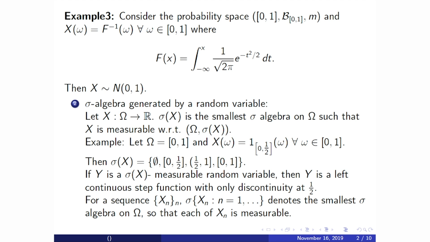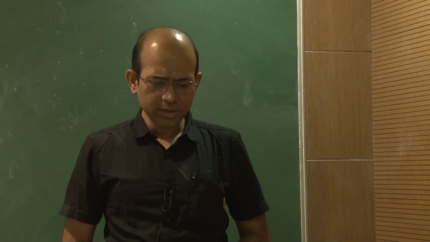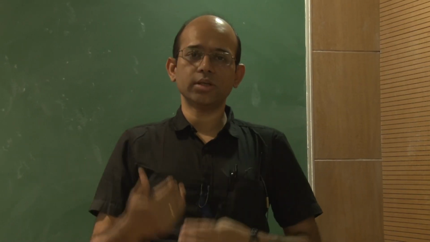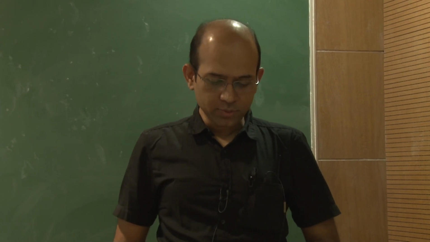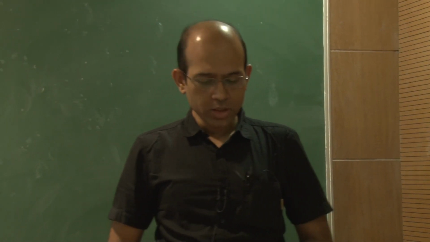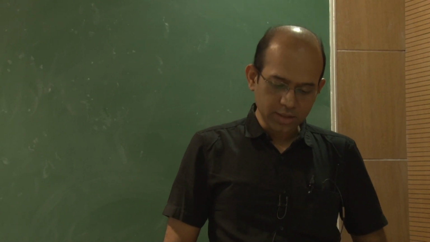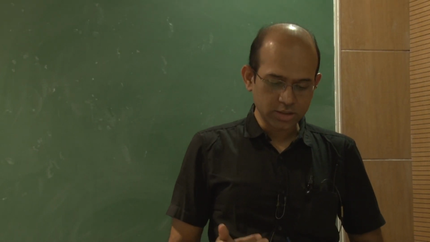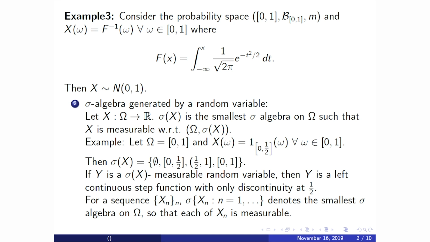In other words, Y is a left-continuous step function with its only discontinuity at 1/2. Here we cannot derive any particular value of Y. However, we can derive this much, that Y should be constant on these sub-intervals. Any such function Y would be measurable with respect to sigma X.